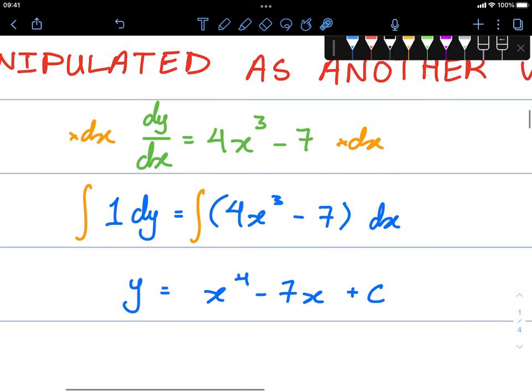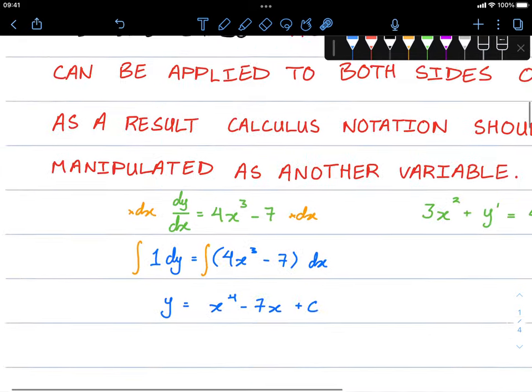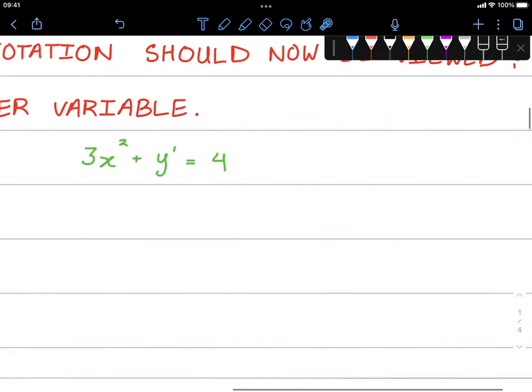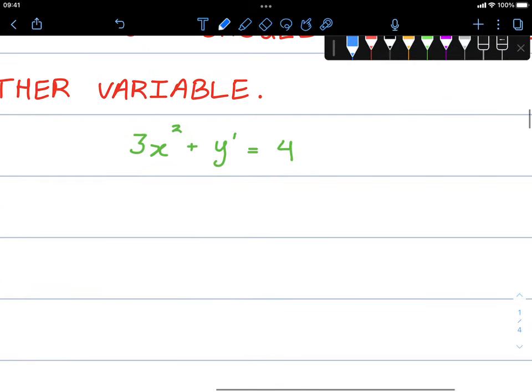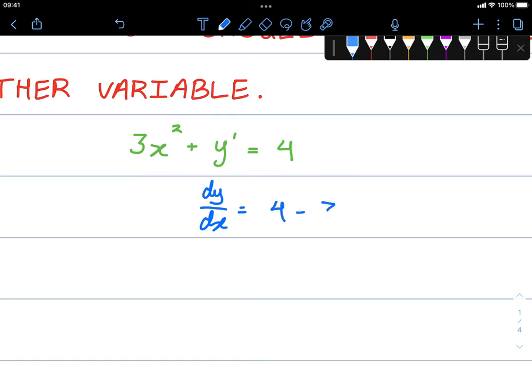So the key takeaway from this is we can multiply and manipulate calculus notation, and we can treat integration as an operation we can do to both sides of an equation. Likewise for this, y prime is just a placeholder for dy on dx. I'm going to move this across. So we get 4 minus 3x squared. We can multiply both sides by dx.